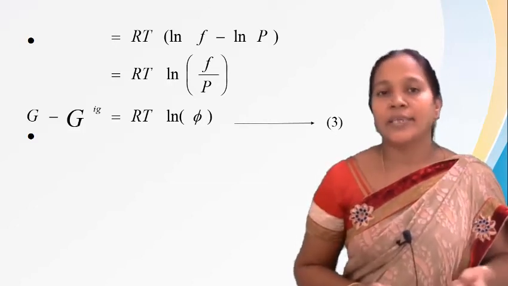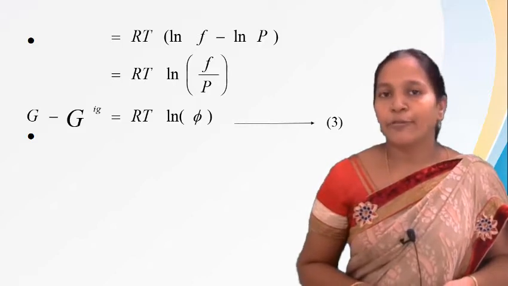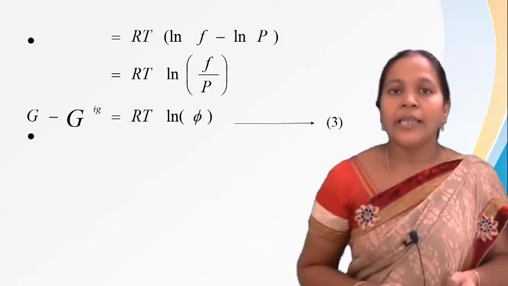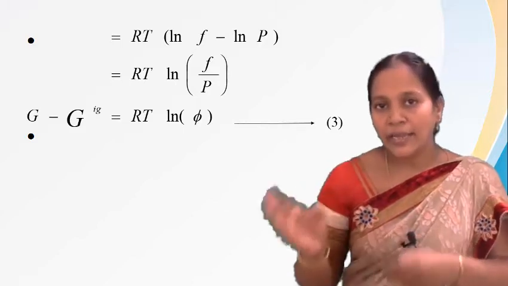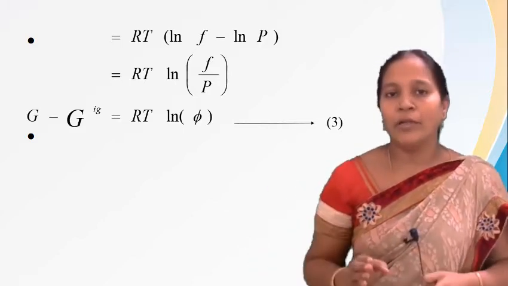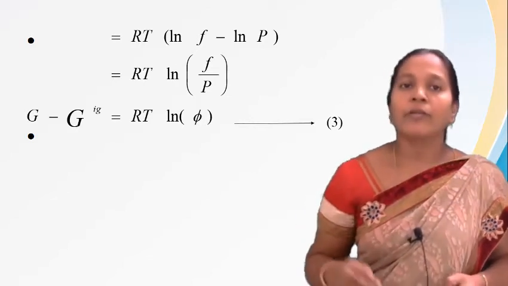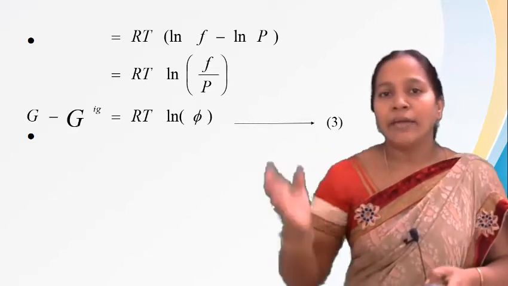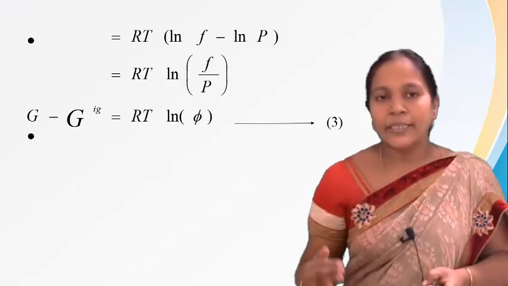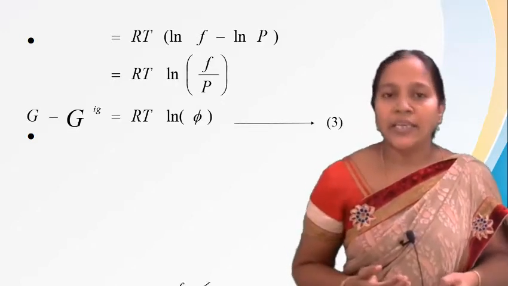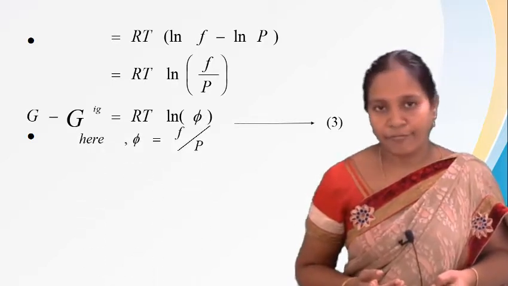Using the ln A minus ln B form, that is ln A by B, we get RT ln f by P.